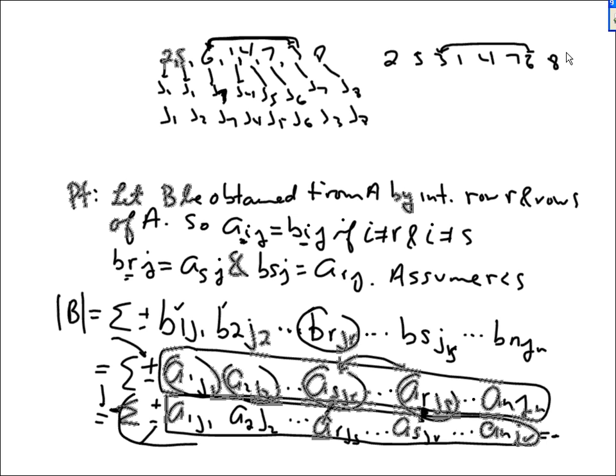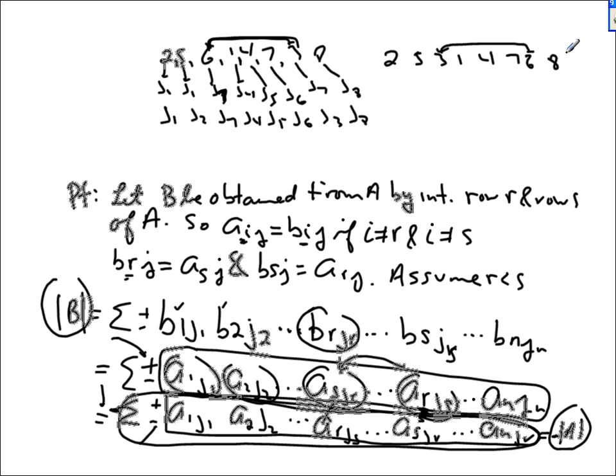But by definition, that is the determinant of A. So the determinant of B really does equal the negative of the determinant of A. To get these last two lines equal to one another, I had to pull out a minus sign.